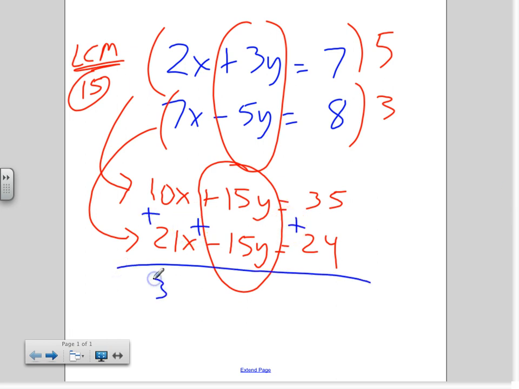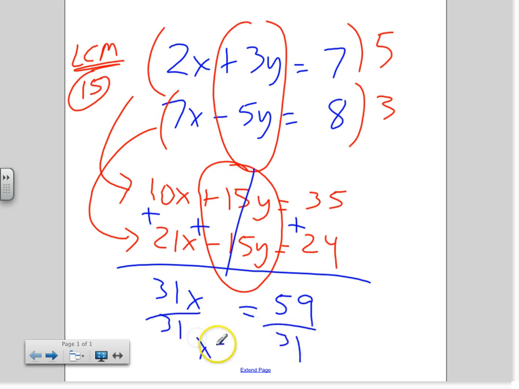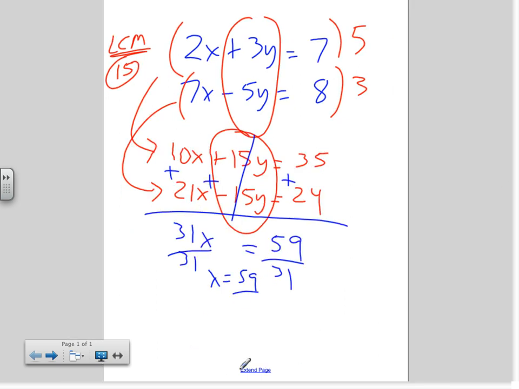And I would have 31x equals, this is already gone, and 35 plus 24 is? 59. And I would go ahead and divide by 31 both sides. And x is 59 over 31. Okay, and if I need to solve for y, I just take what x is, substitute it right back into any equation, and solve for y, and it will get you the answers.